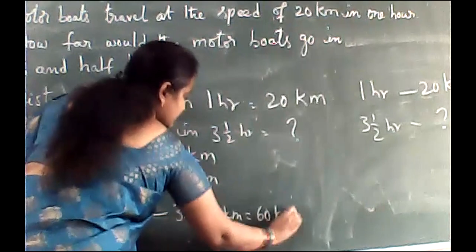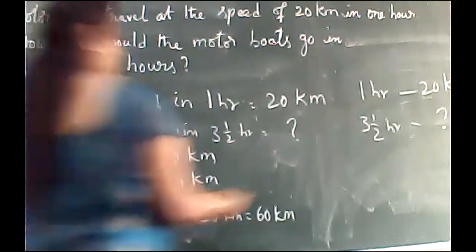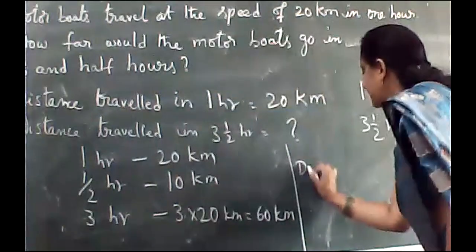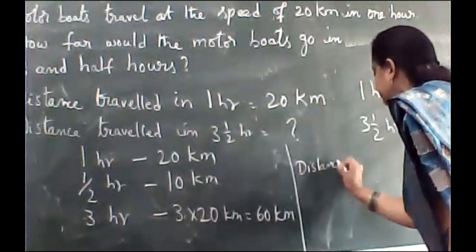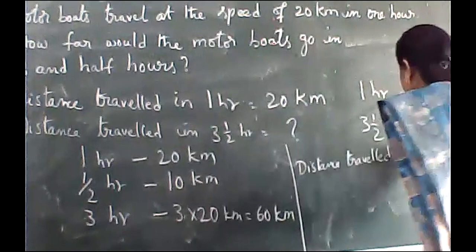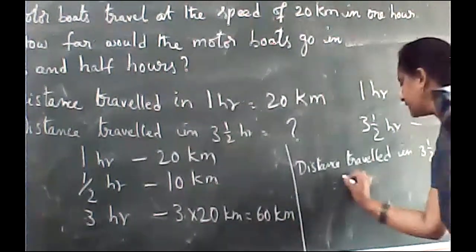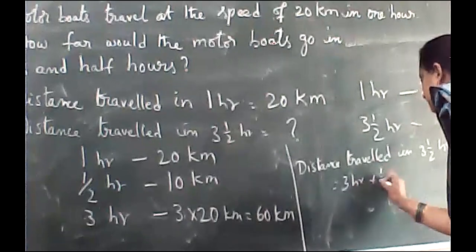60 kilometers. So now what do we need? We need how much distance it will travel in 3.5 hours. So can we write 3 hours plus half an hour?